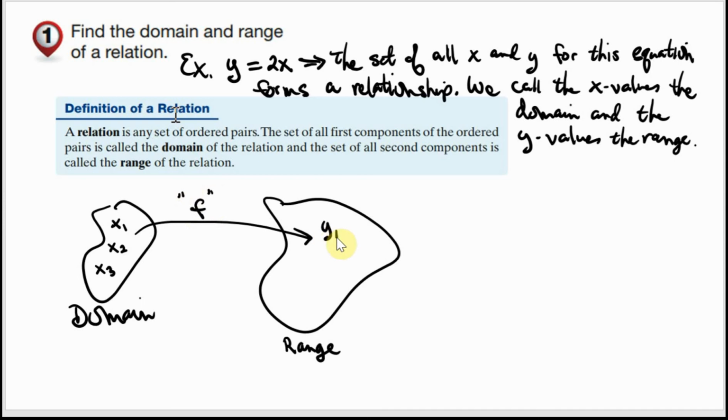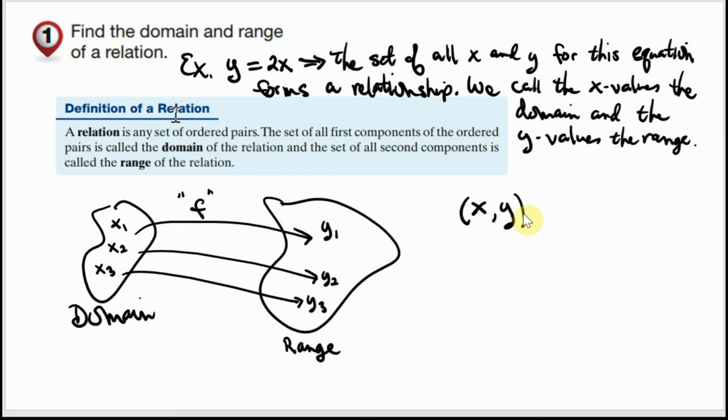That gives us y sub 1, y sub 2, y sub 3. Where I'm coming from, the x values, is the domain. So this is some ordered pair of x and y. x represents the domain, and these y values, the so-called range.